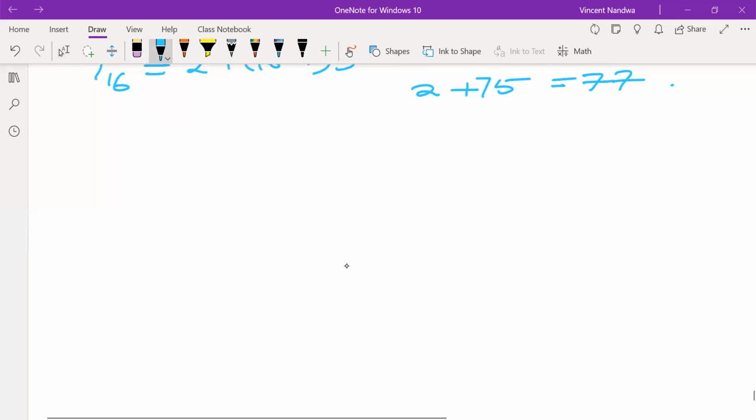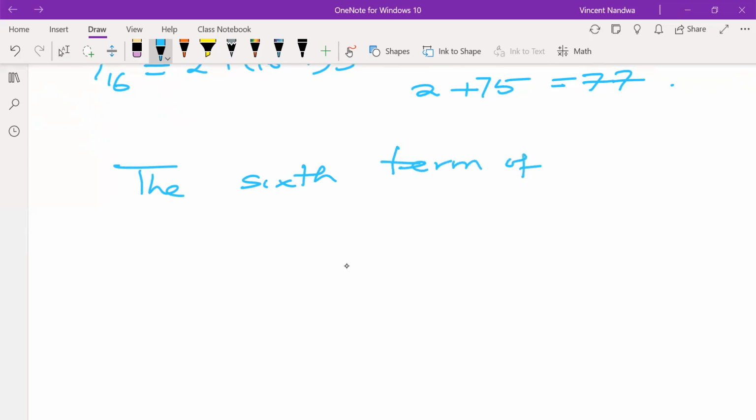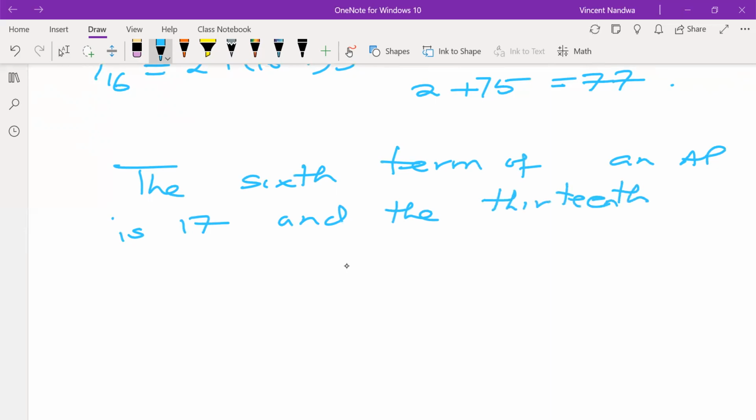And then next question. The sixth term of an AP is 17, and the 13th term is 38.